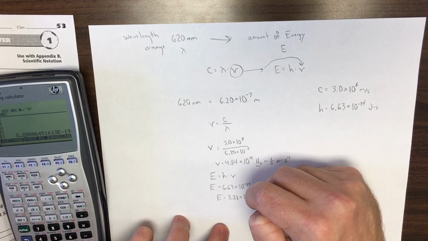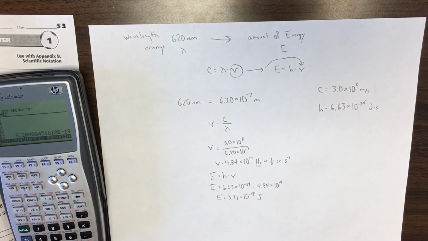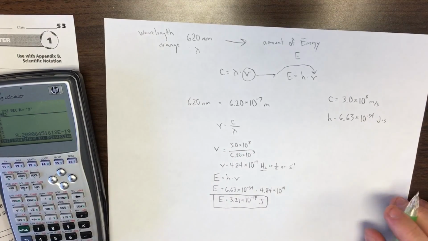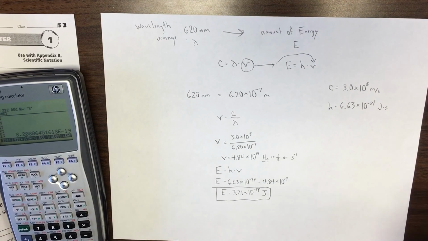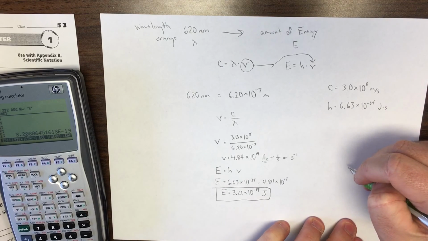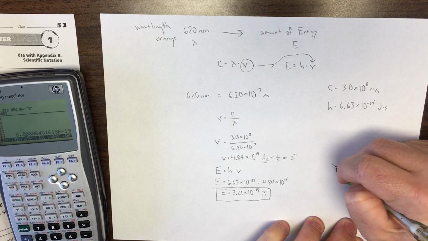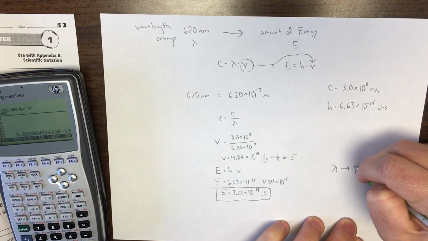I said 19th and I wrote 17th. 19th joules of energy. Again, always nice if you box your answer when you do your work. Helps me find it. And this is another one of your 6 problem types. This is a problem where you go from wavelength to energy.